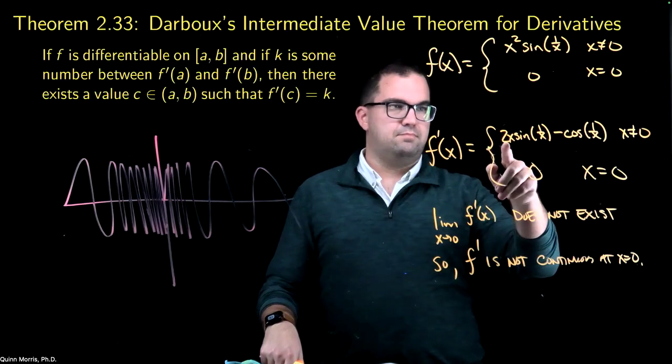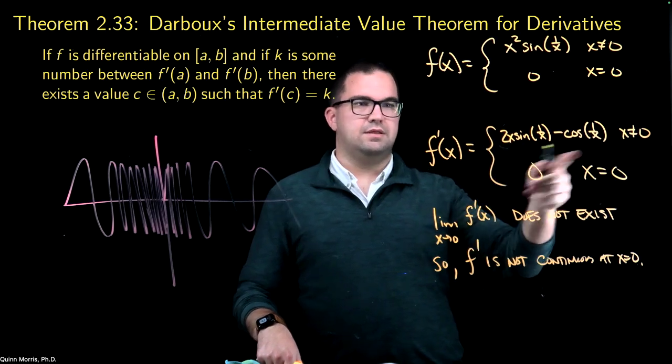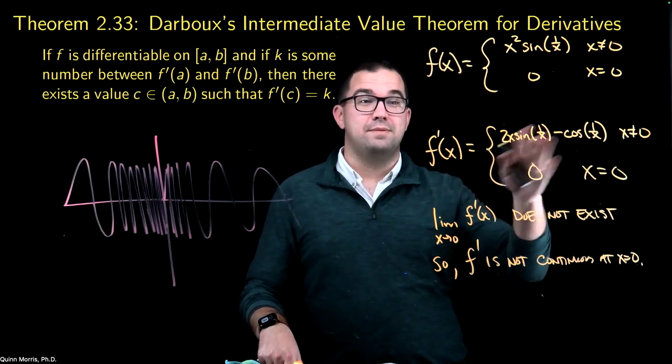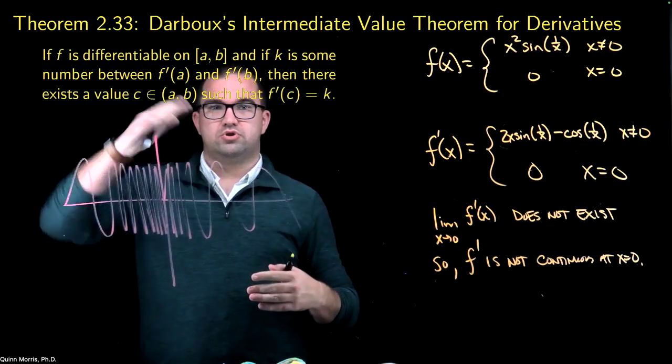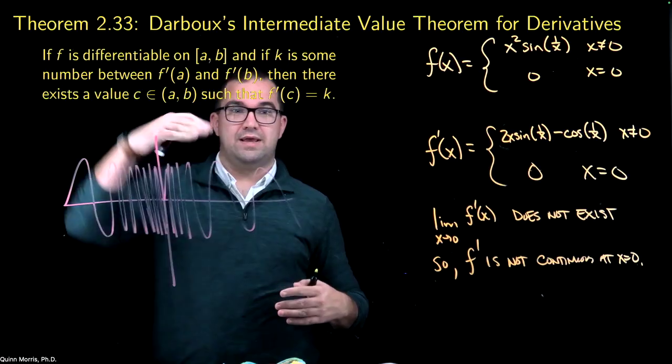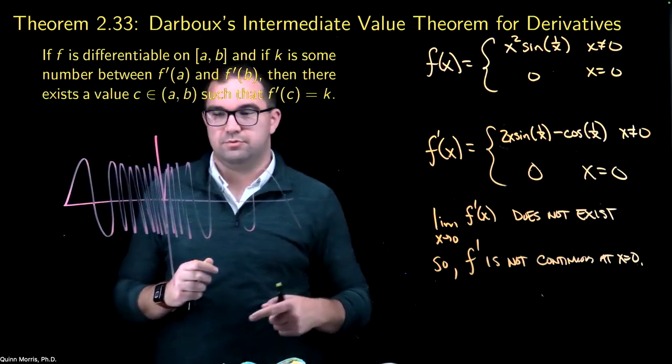They'll be bounded, okay? But even though they're bounded, you're switching back and forth between the largest one and the smallest one infinitely often, as you get closer and closer and closer.